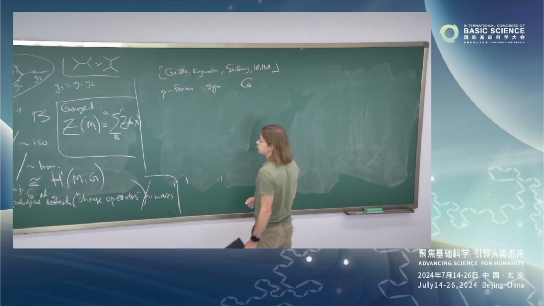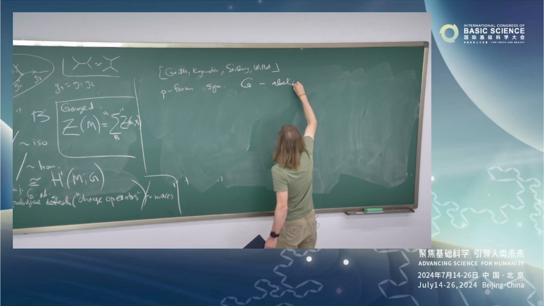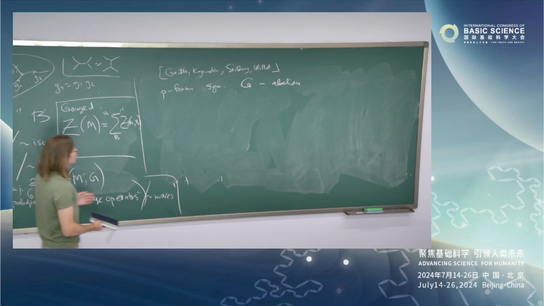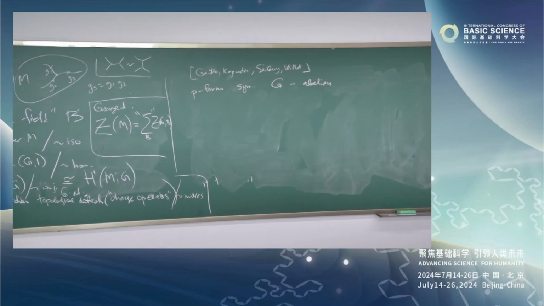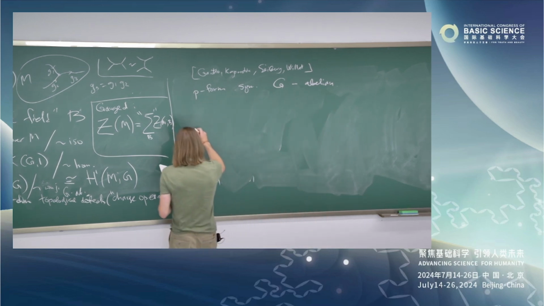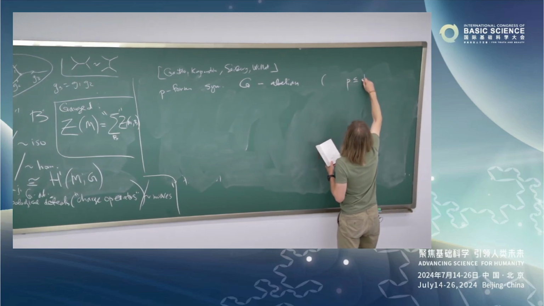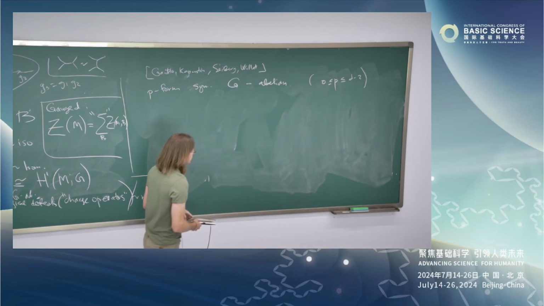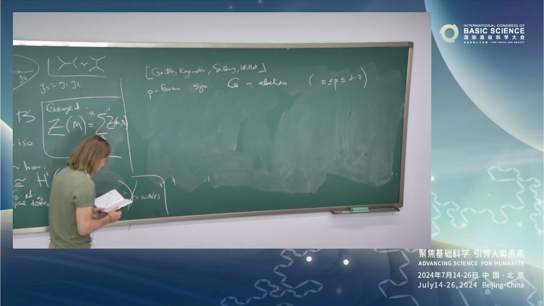Now we take a group G, and for p greater than 0, we need to assume that G is abelian. This is also the topic of the relevant talk by Zucker. We also assume that p is an integer in a certain range. Some meaning can be given outside of this range, but we're not going to do this.